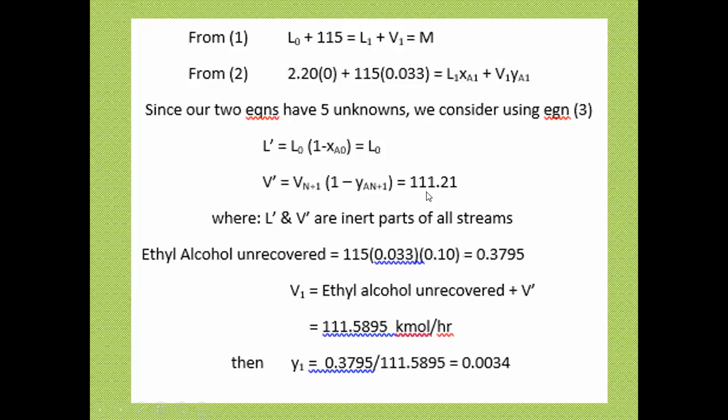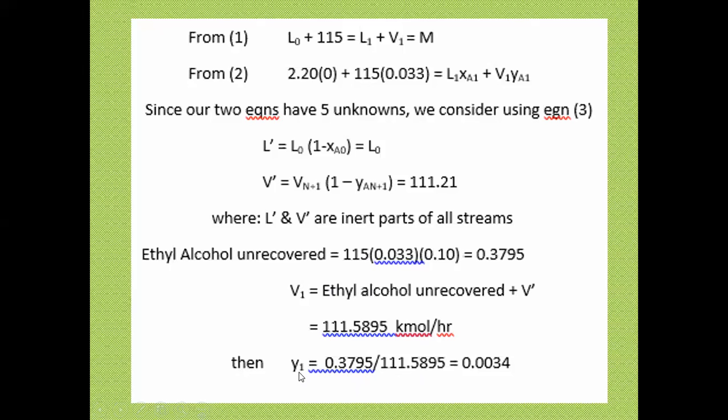0.3795 plus this 111.21, and that would be 111.5895. If you know this total amount, then you can already determine the Y1, and that's the YA1 in here. So your YA1 is equal to the unrecovered, which is 0.3795, divided by this total amount, which is 111.5895.